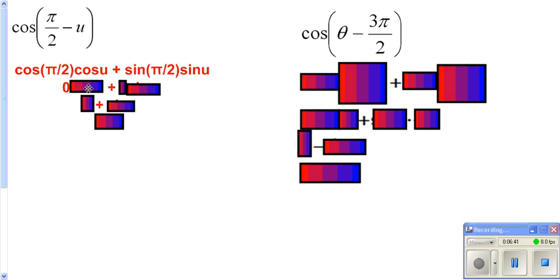Cosine of u, we don't know, so we'll leave it there. But 0 times anything is 0, so we don't need that, and if you add 0, it doesn't change it. When we look at this part, the sine of pi over 2, we know that's 1. Sine of u, we can't do anything to it. 1 times the sine of u doesn't change it. 0 plus sine of u doesn't change it, so it's the sine of u.